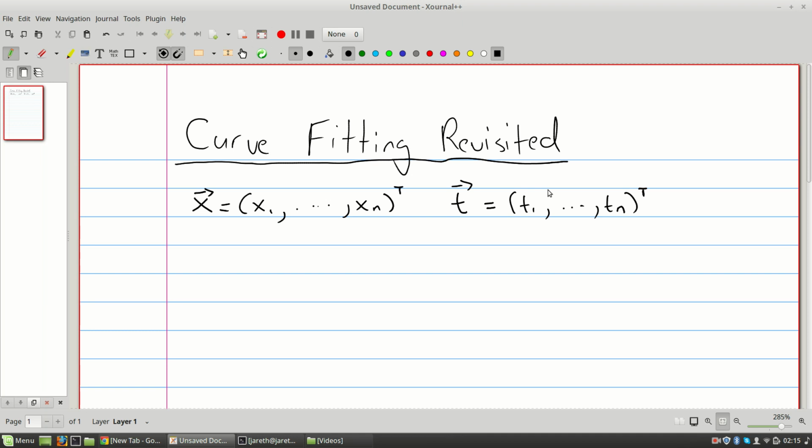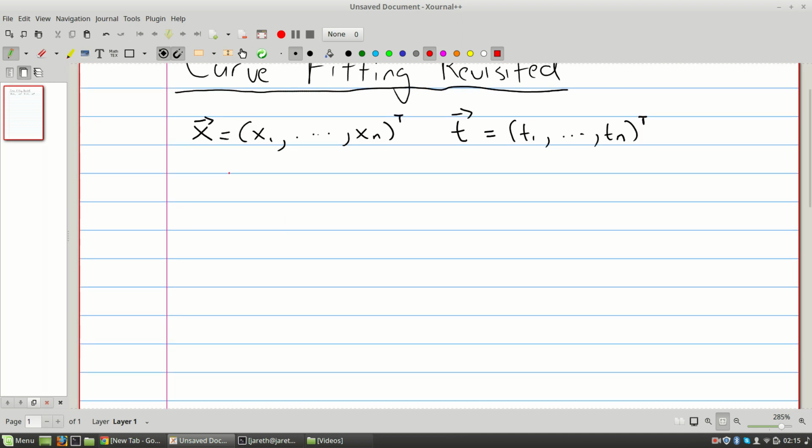So given that we have some model, let me just plot this out to make it clearer. Let's say these are our data points, and we want to devise some kind of model, and then our model looks something like this, right?